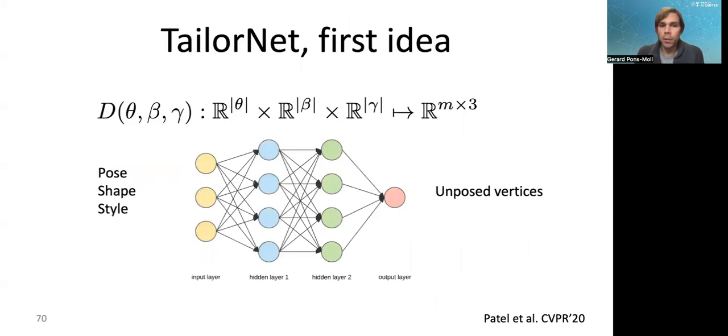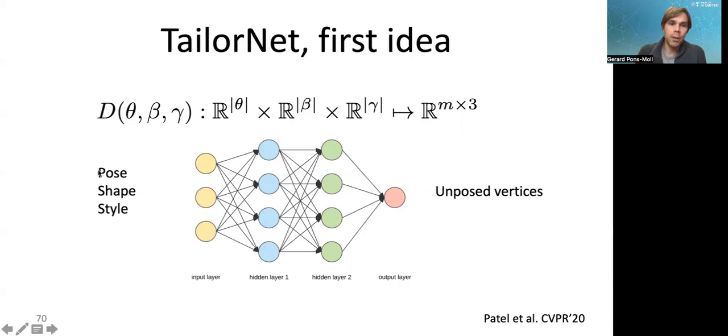So how do we learn this model? Well, the first thing that you should try is the easiest thing first, right? The easiest thing might be a linear model, but this is not going to work very well because the clothing deformations are not linear in the pose. There are non-rigid effects. So you might try a two-layer neural network, a multi-layer perceptron for example, or a three-layer neural network.